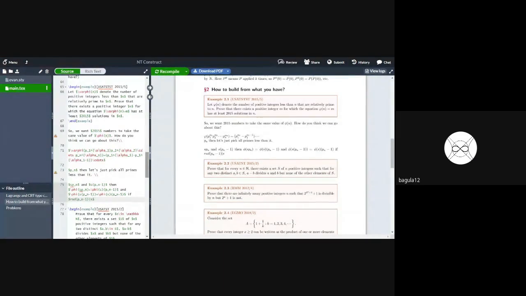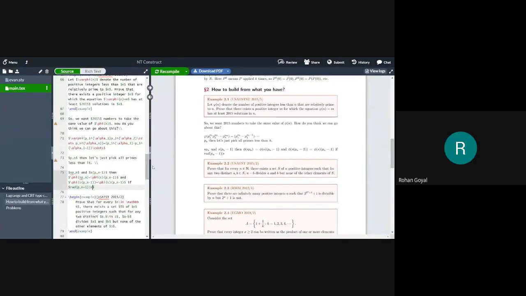So we are just explicitly trying to construct the number. Yes. Does this make sense, what I just wrote?